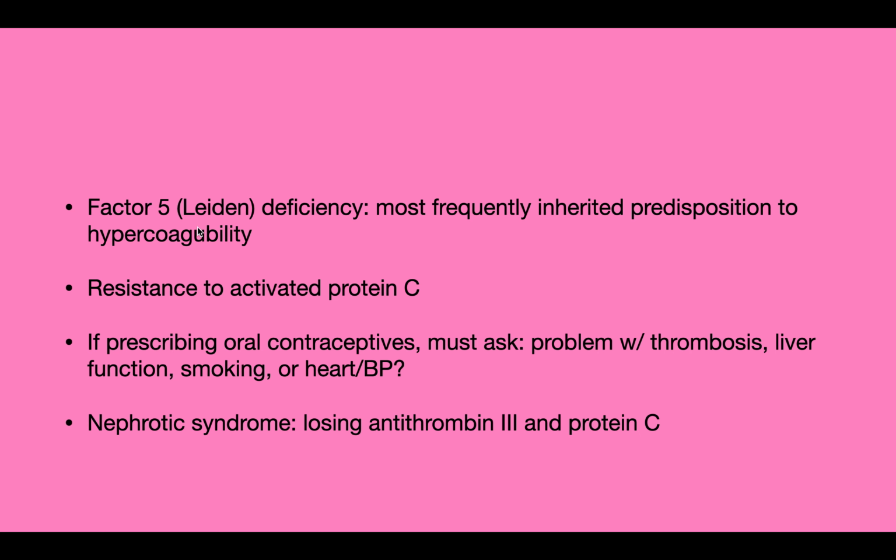This one's a little special compared to the other hemophilias because, like I said, it's the most common. There's going to be a resistance to activated protein C. So not just a factor 5 deficiency. It's going to be a resistance to activated protein C. So in oral contraceptives, you have to ask the patient these questions because these are going to be very, very high indications that this person will form thrombi.